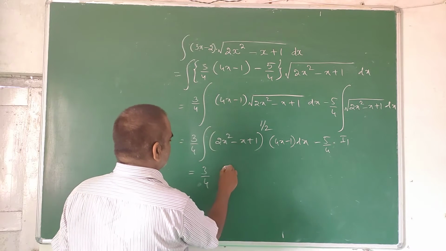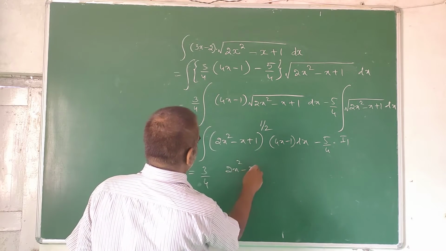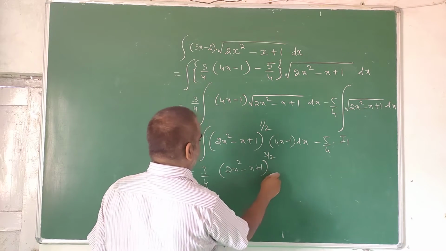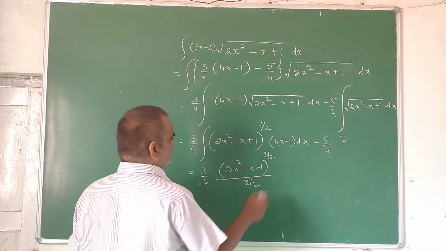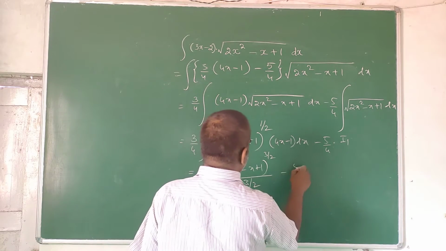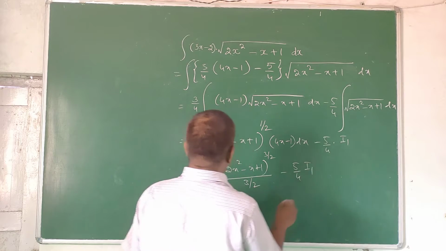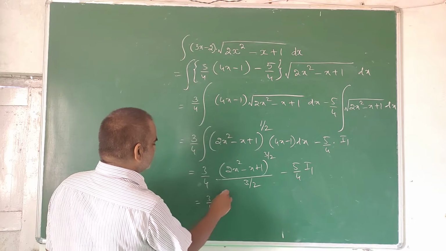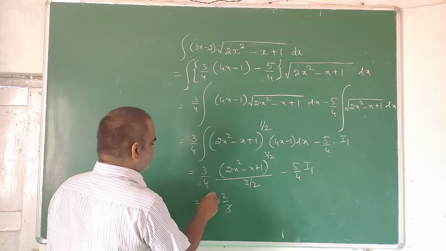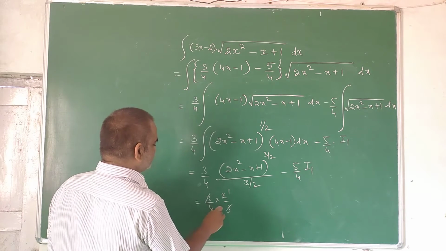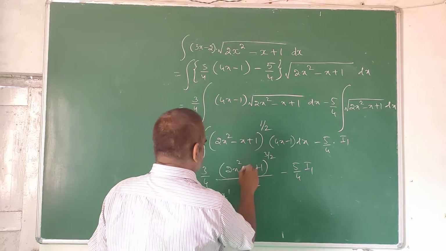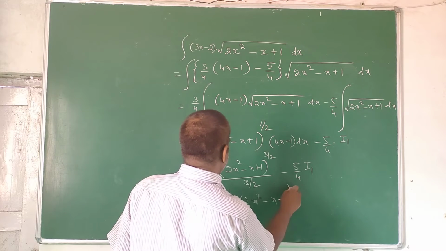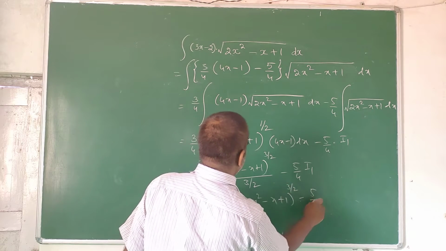Now if you find this integral, this is 2x square minus x plus 1 whole to the power of 1 by 2 plus 1, which is 3 by 2, by 3 by 2, minus 5 by 4 I1. So this 3 by 2 gets reversed, so it becomes 2 by 3. This 3 and 3 get cancelled, 2 1s are 2, 2 2s are 4, into 2x square minus x plus 1 whole to the power of 3 by 2 minus 5 by 4 I1.